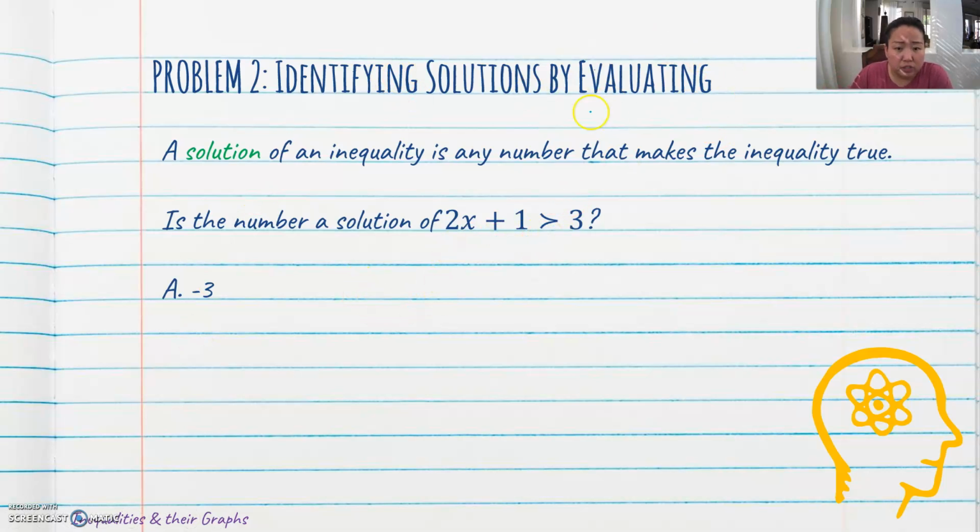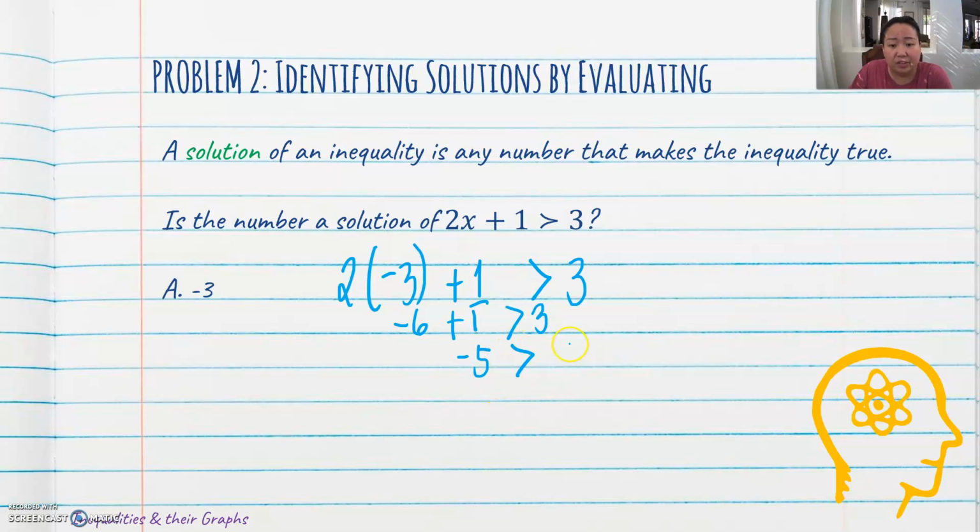What you will do is replace the value of your variable x and give it the value of -3. So this will now be 2 times -3 plus 1. Is it greater than 3? That's the question. If you work this out, this will be -6 plus 1, which is -5.